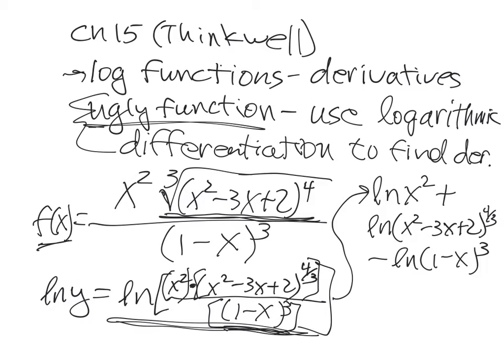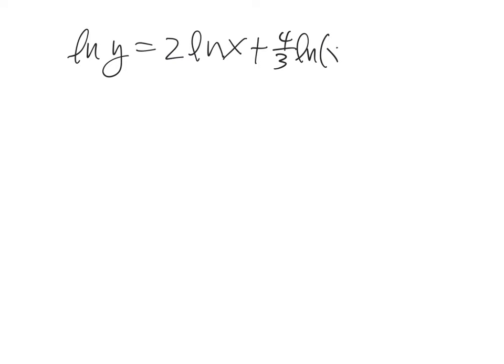And with our exponent property, I'll transfer that to the top of the next page. We have our natural log of y on the left side, and then natural log of x squared would be your 2 natural log of x, plus that natural log to the 4/3 power. Let me pull that 4/3 out in front. And that was what?